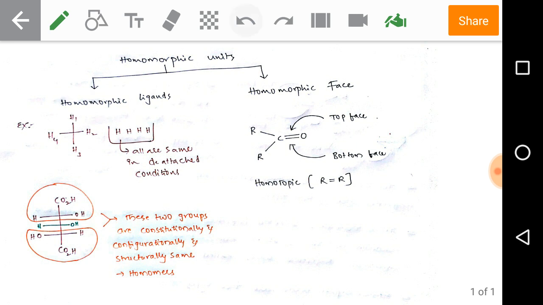For now, consider homomorphic ligand. For this example, we have labeled the 4 hydrogens, 1 2 3 4, to physically differentiate them. So they are equal chemically, but to differentiate them physically, we have labeled the hydrogens.